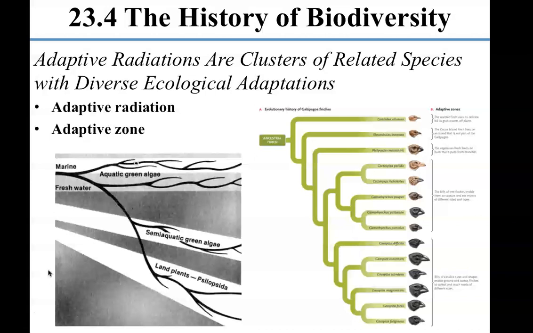The first is adaptive radiation. So adaptive radiation is when you get a fairly rapid speciation event that produces a cluster of closely related species that occupy different habitats or consume different foods.